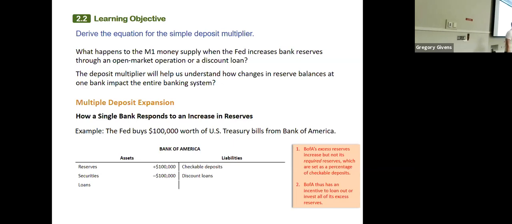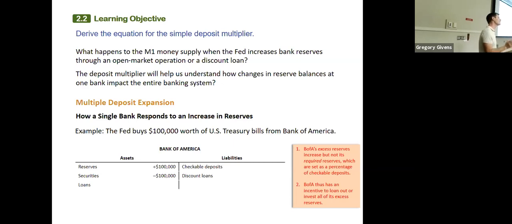The other 90 cents are loaned out to other investors. Okay, I want you guys to ask yourself this first. What happens to Bank of America's excess versus required reserves as a result of this open market operation? How much have excess versus required reserves changed by?